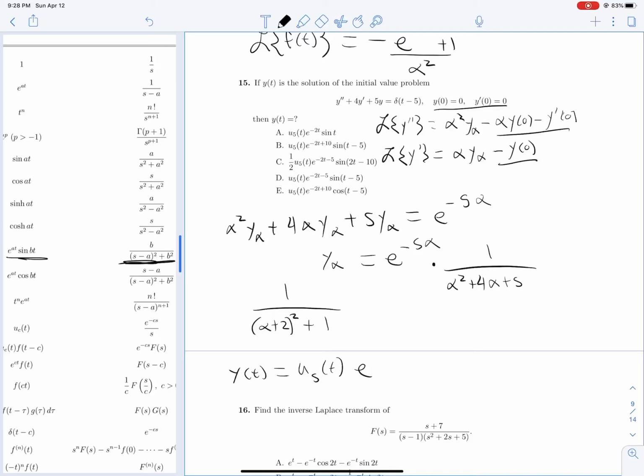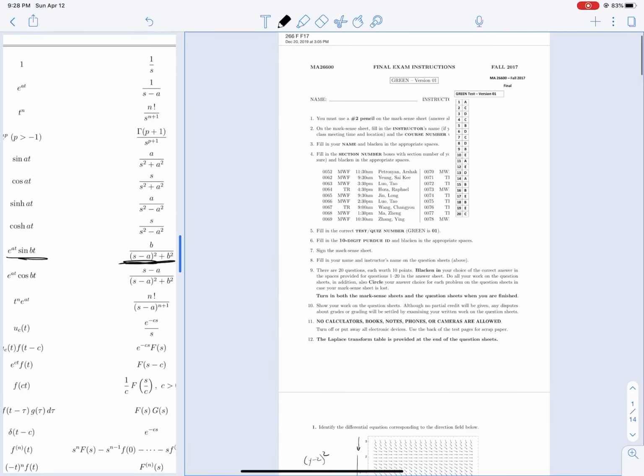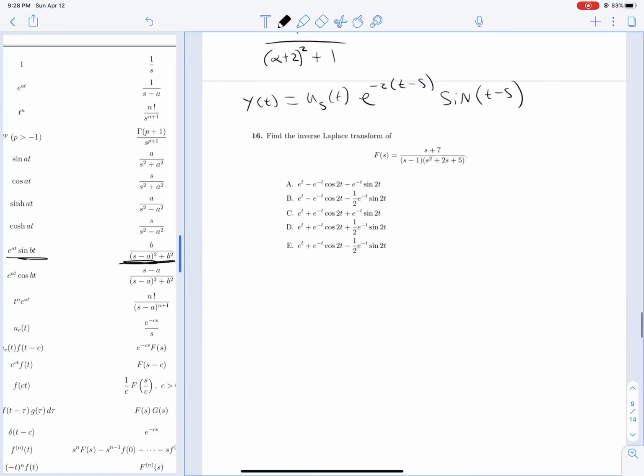So e to the at, where our a value is -2, t minus 5, and then the sine of t. But instead of t, we have t minus 5. And looking at our answer choices, this seems to match up with B. And the answer key agrees.